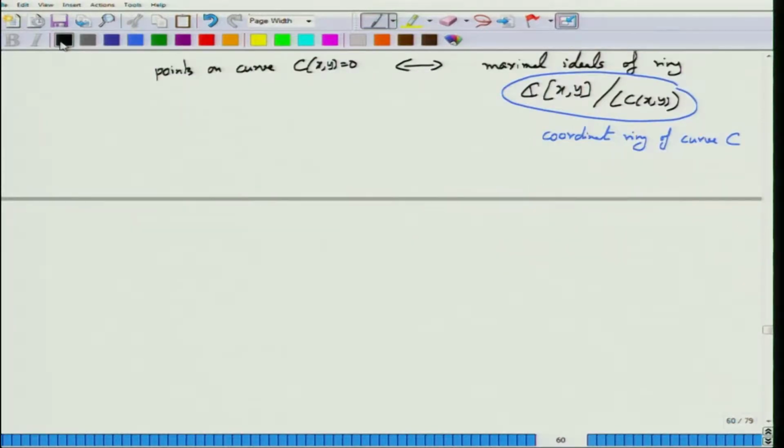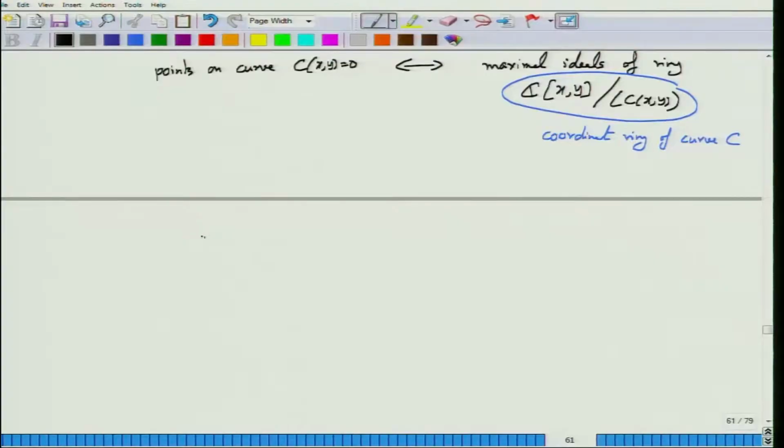Since C is prime, this quotient ring is an integral domain. You've seen this. Okay, so since it's an integral domain, we can form the field of fractions of it. The field of fractions of this curve is represented as C(C).